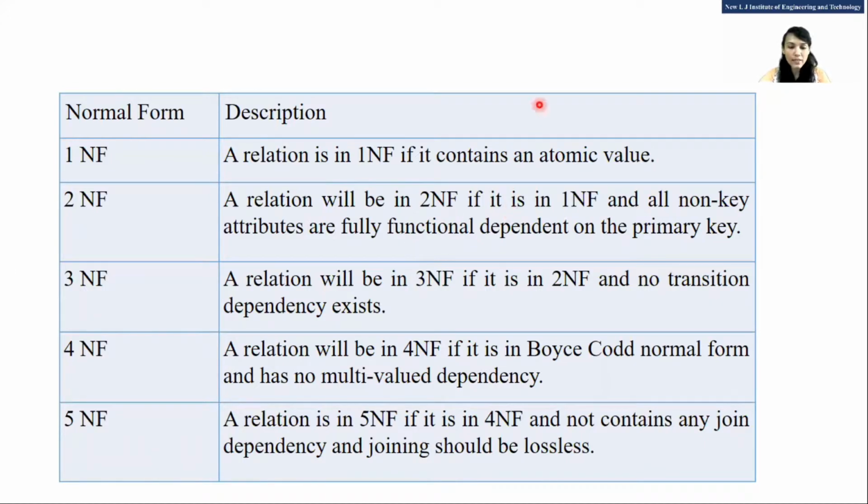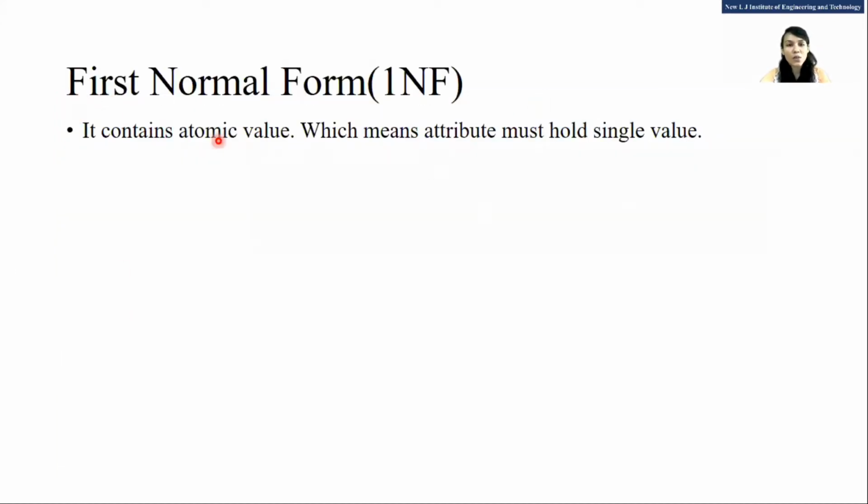So let's start with first normal form. In first normal form, we have one condition: it contains atomic values. What do we mean by atomic value? Atomic value means an attribute must hold a single value. We already know that some attributes may be multi-valued, like phone number or the courses some students have adopted.